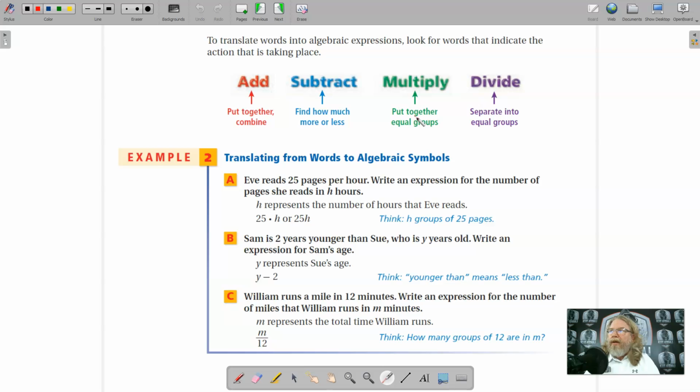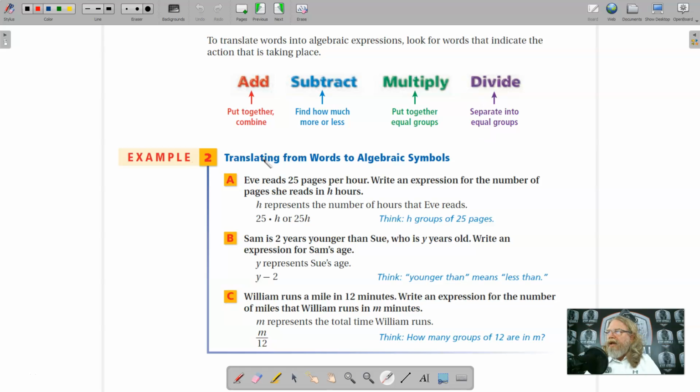Multiplication is all about putting together equal groups. And then finally, division. It's all about separating something into equal groups. You might have a bag of candy. You got a certain number of pieces in it. You want to divide it equally among a certain number of people. Then that would be a situation where you would want to divide.